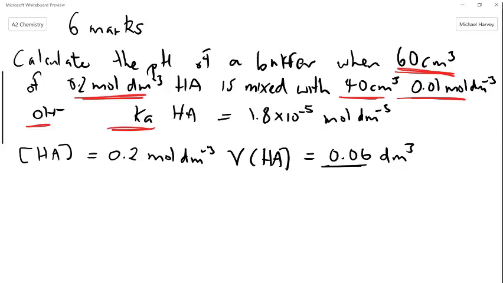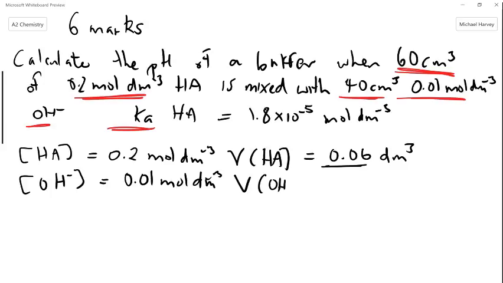Noticing, of course, that we have changed it into decimeters cubed. And the concentration, at least initially, of the hydroxide is 0.01 moles per decimeters cubed, and the volume is 0.04 decimeters cubed. And the Ka, of course, is already given.